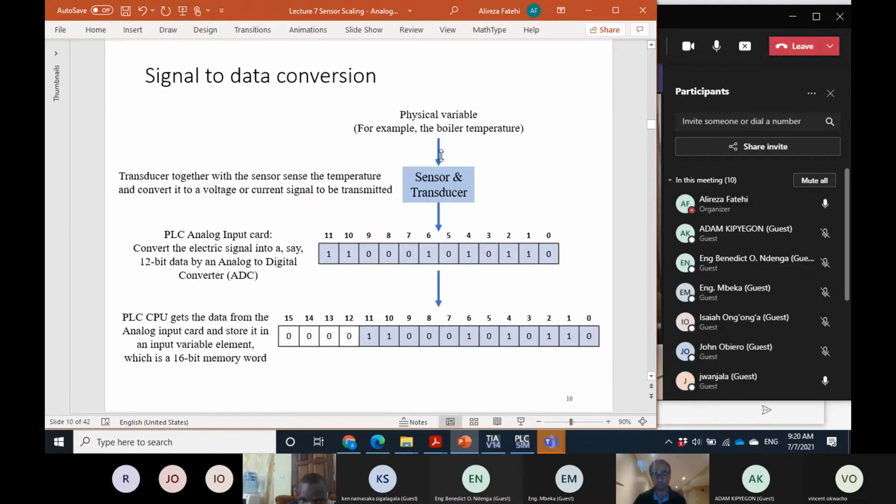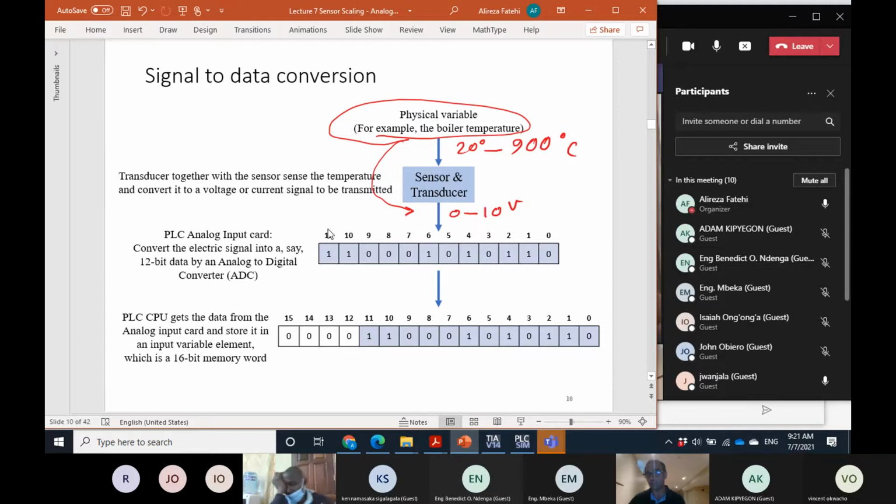So the physical variable, the boiler temperature, for example, is sensed by the sensor, and using the transducer, we have an electric signal here, 0 to 10 volts. So here is 20 to 900 degrees centigrade, and then we have 0 to 10 volts.